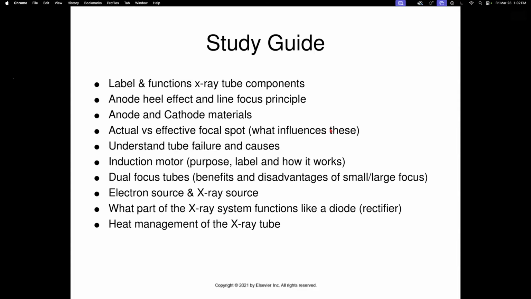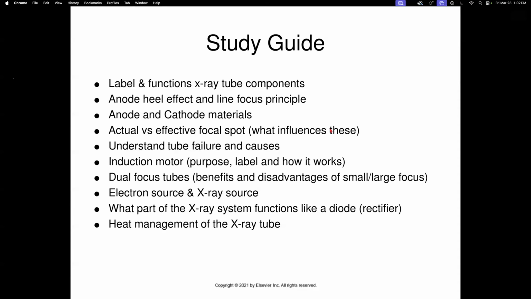Radiation leakage. All right. So we'll talk about the amount in a little bit, but I think I put a slide on there that tells you the minimum it should be. Lee, you ready? All right. Can you tell me two more labels and functions of the X-ray tube? The induction motor. It has the rotor and stator.